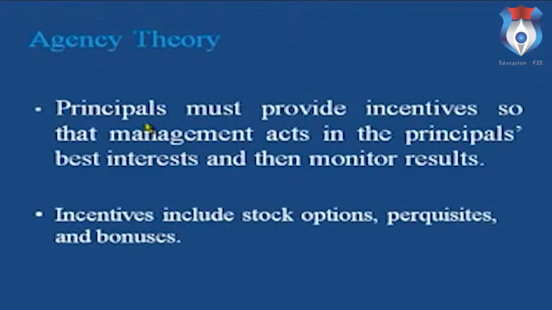What sorts of incentives can shareholders provide to management? These incentives include stock options, perquisites, bonuses, and other similar types of incentives. These incentives enforce management to work honestly and in the best interest of principals.